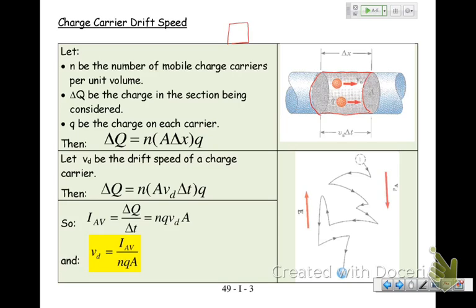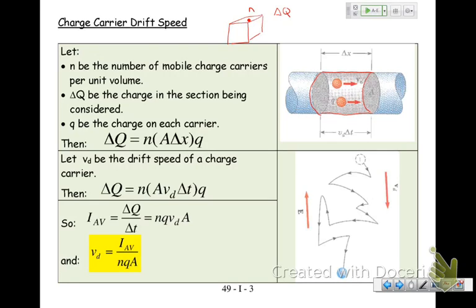So here's a unit volume, 1 meter by 1 meter by 1 meter, and I've got n of these little mobile charge carriers in there. Delta Q will be the charge in the section being considered, so delta Q is all the charge inside here, and q is the charge on each charge carrier.